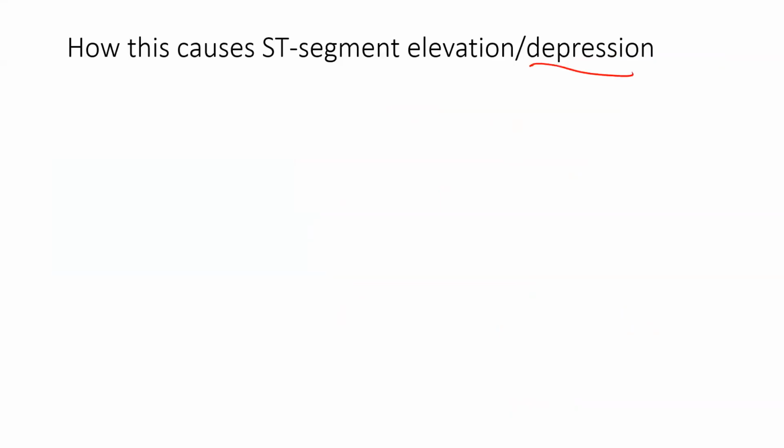So now that we understand what depression is, I think it might be better if we talk about elevation. That's a lot easier to explain. But again, same kind of thing.